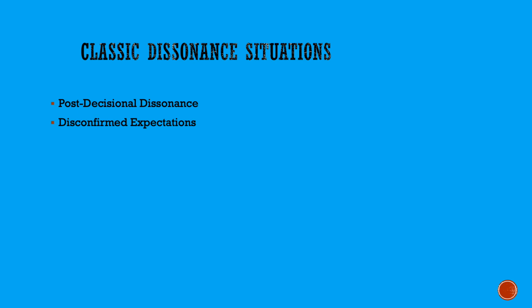Another situation in which people experience dissonance is where you firmly believe that something is going to happen and then it doesn't. The disconnect between your expectations and what actually occurs can be quite unsettling. One of the classic studies in this area was a situation where people had to go through a very embarrassing ordeal to become a member of a discussion group on a campus.